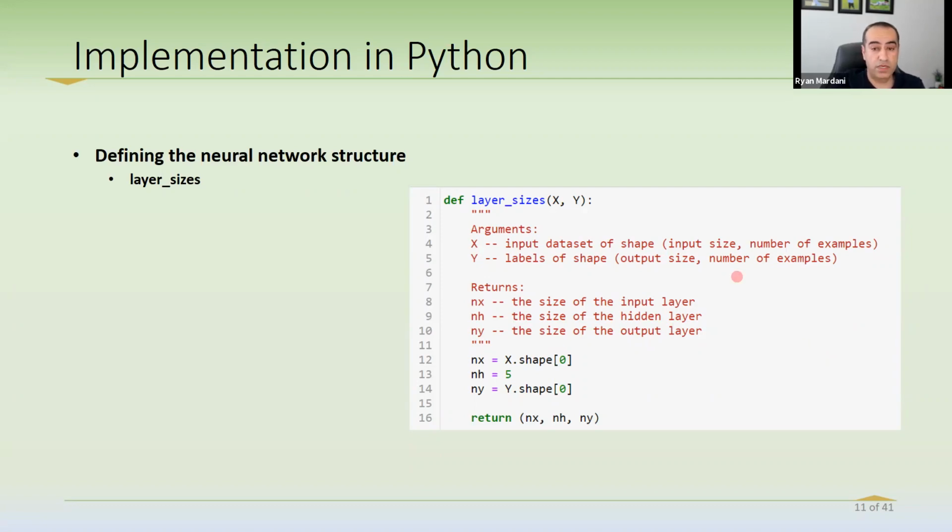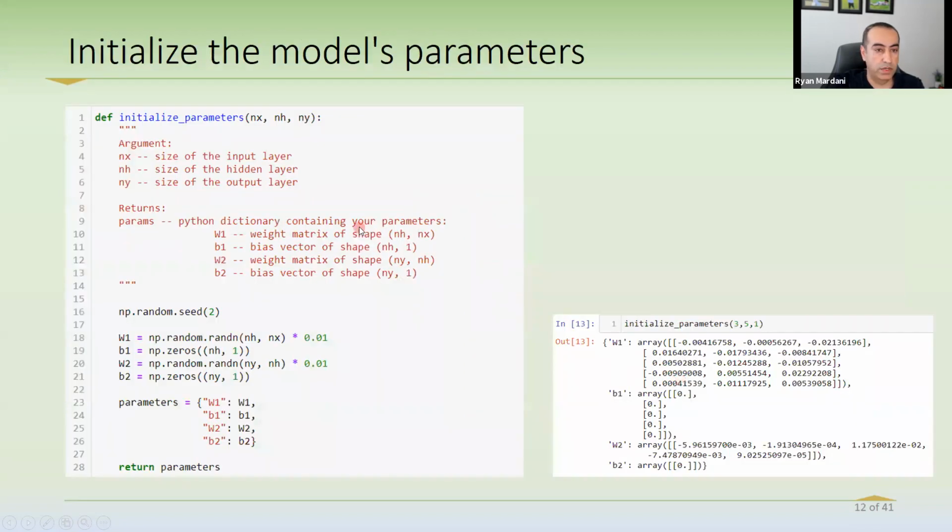Layer sizes, we're going to need these dimensions. The function has 2 arguments, the input matrix and the vector here. It's very simple, it's going to return the input layer size and the hidden layer size by just calling the shape this way.